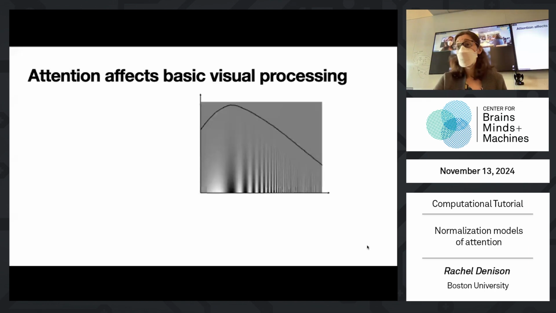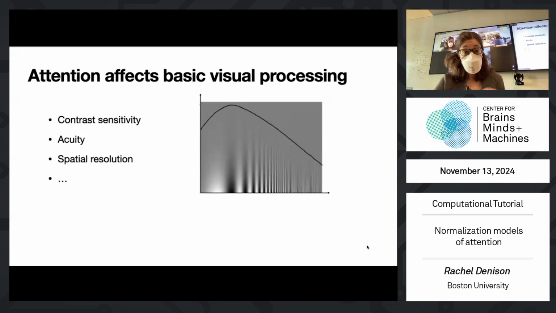And we know from many decades of research that these types of attention affect visual processing at a very basic level. So they affect things like contrast sensitivity, acuity, spatial resolution, the list goes on.